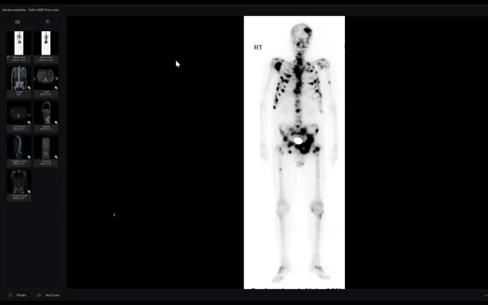Other differentials could be osteoblastic metastasis from urothelial carcinoma, transitional cell carcinoma. How could you prove to him that this is a prostatic metastasis?